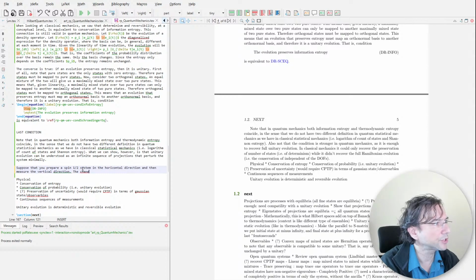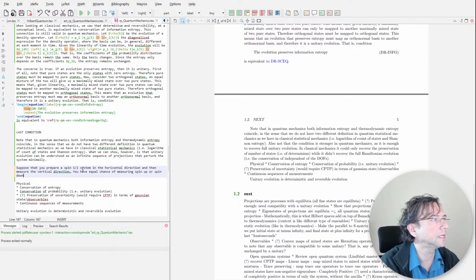You have equal chance of measuring spin up or spin down.